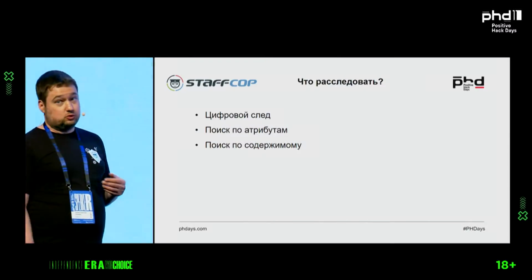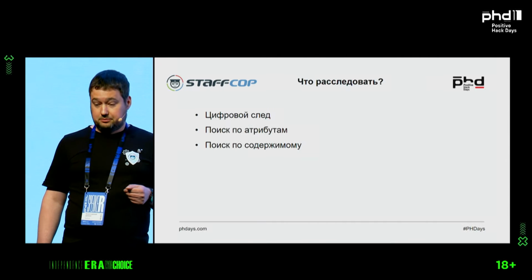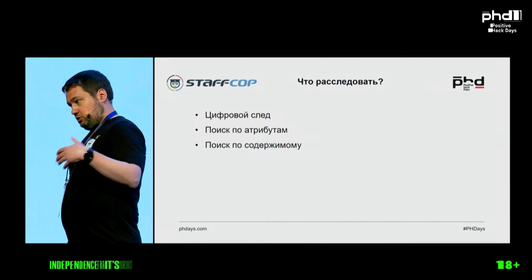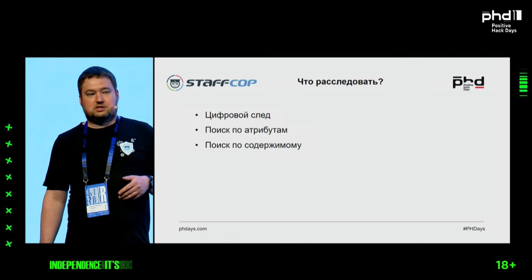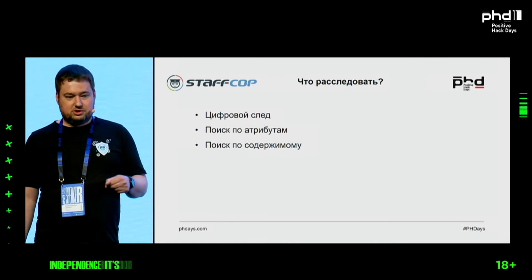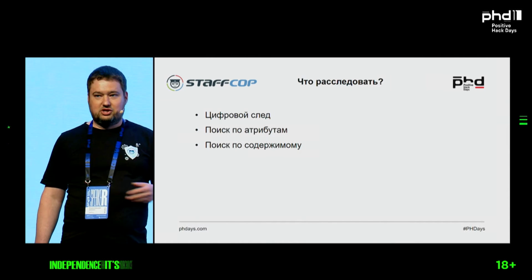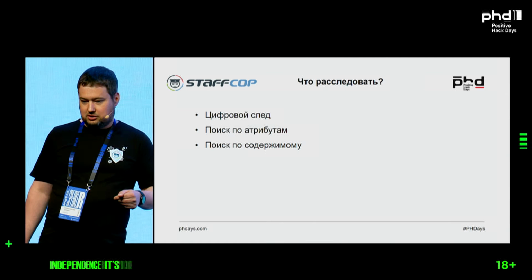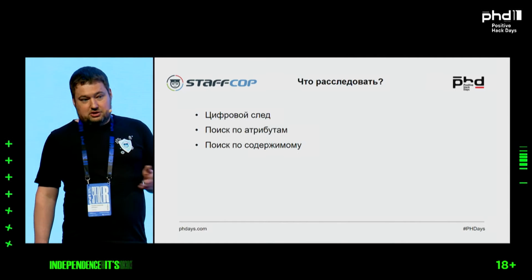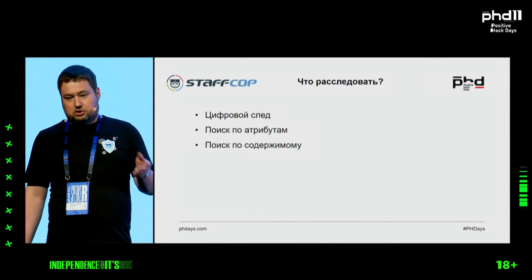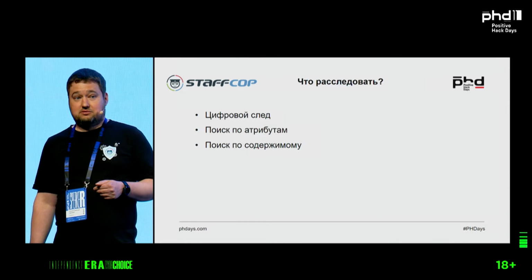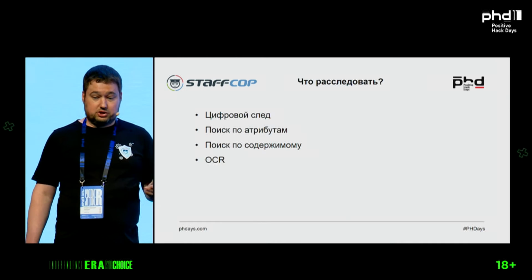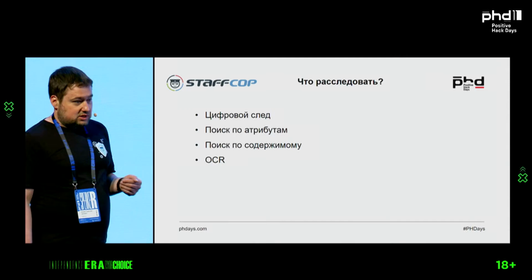Second, search by content. When you want to look at the contents, what is inside? You get insides. When you found something by attributes, it will be easier for you to see the contents. And it's good that you have a document and you can get the information, but sometimes you cannot get it.